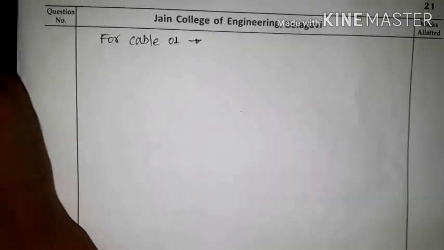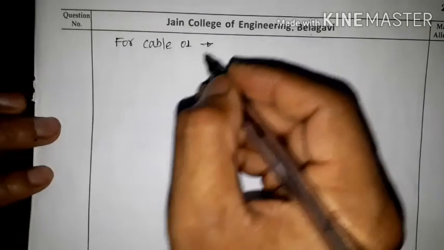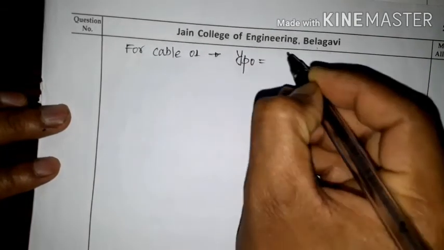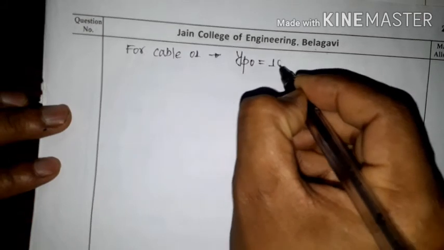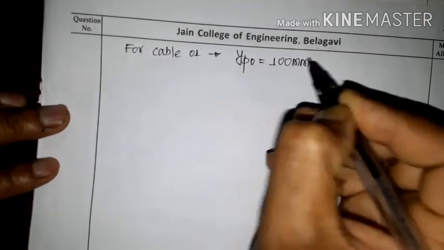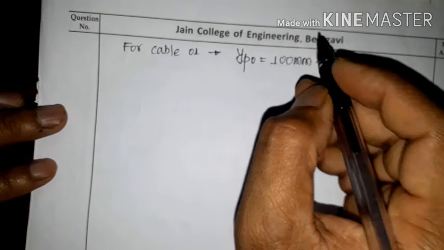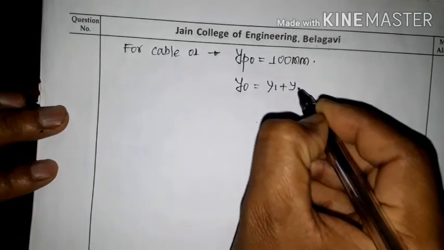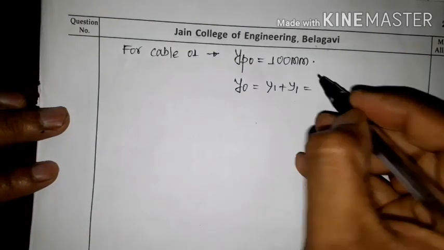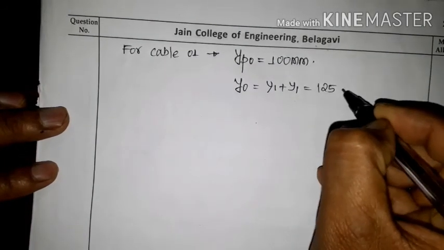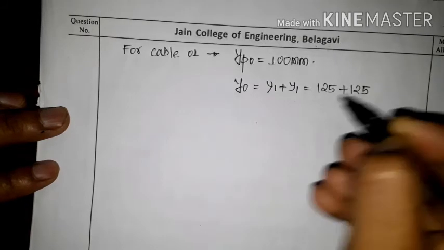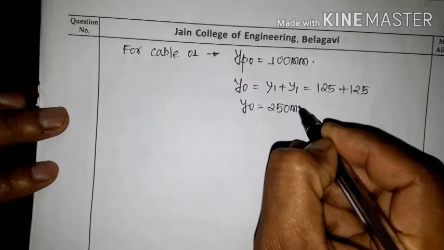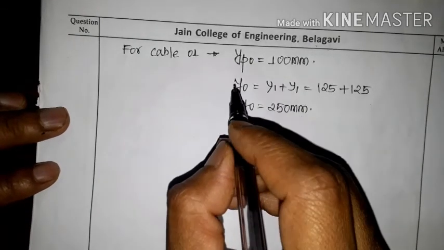For cable 1, the Yp naught is already known, that is 100 mm. And next the Y naught, that is Y1 plus Y1, that is 125 plus 125, so Y naught will be 250 mm.